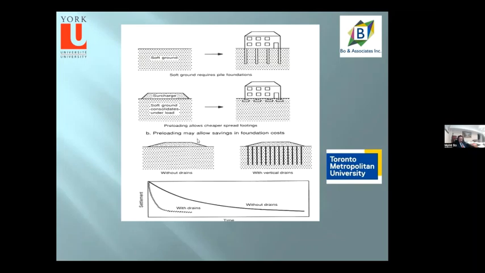Because of that, good ground locations become rarer and rarer. So the geotechnical engineer has to look for ground improvement methods to improve the ground by many ground improvement methods.